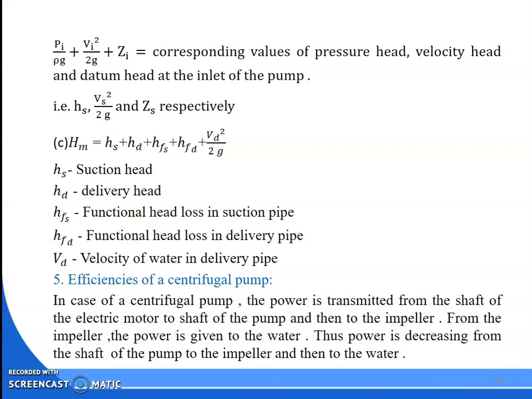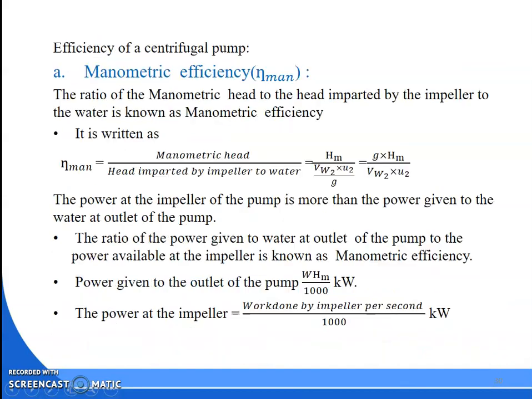Gradually it will be decreasing because there will be some losses, as some rotating parts are there. So due to losses, the power given by the electric motor to the pump shaft will be more than that at the impeller, and from the impeller to water, because there are some losses due to friction and the rotating components, that is vibration losses and friction losses.